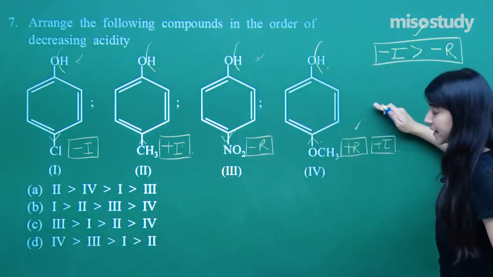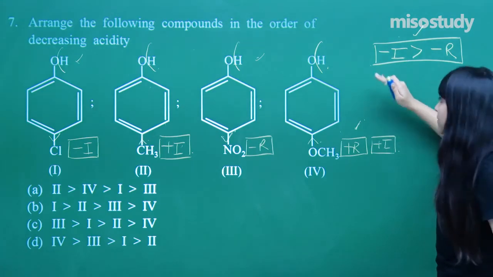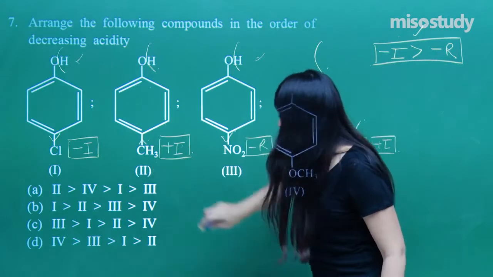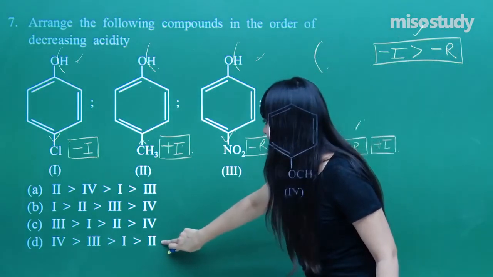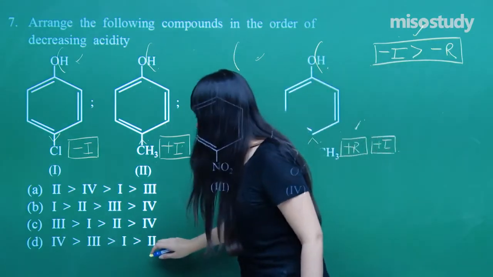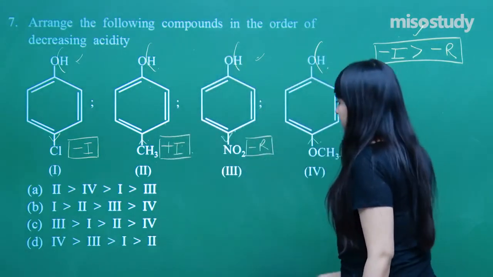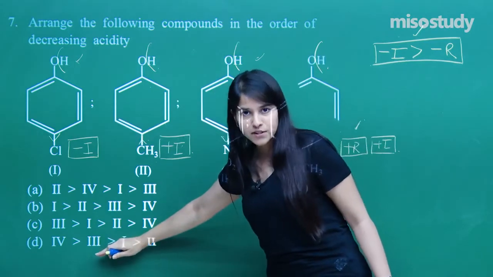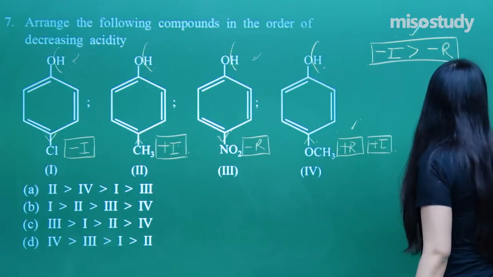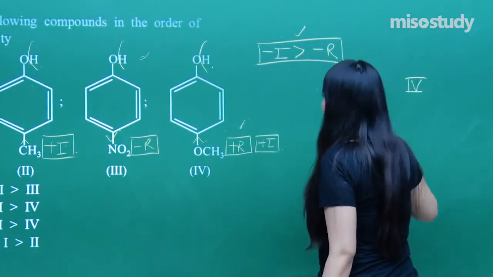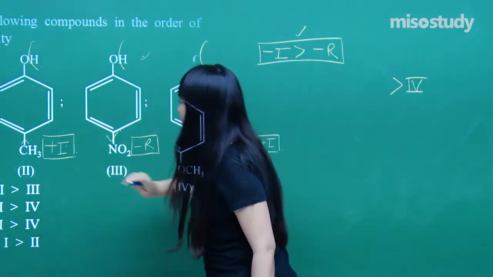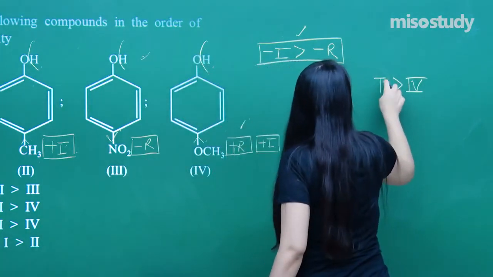So it would be less acidic. So the least would be the fourth one, followed by the second one, which is again showing the plus I effect.